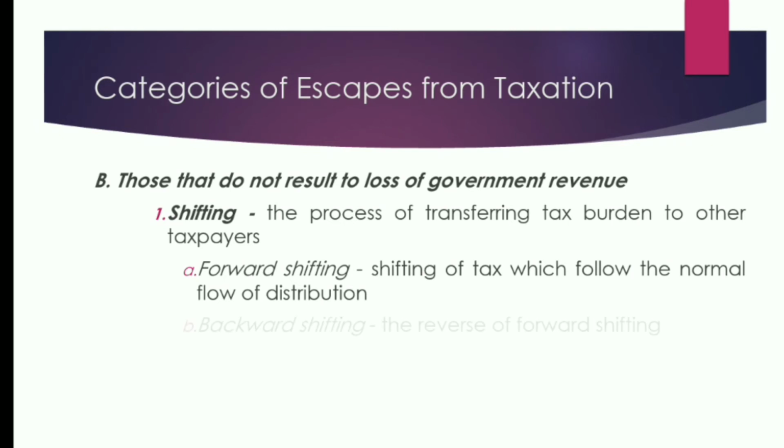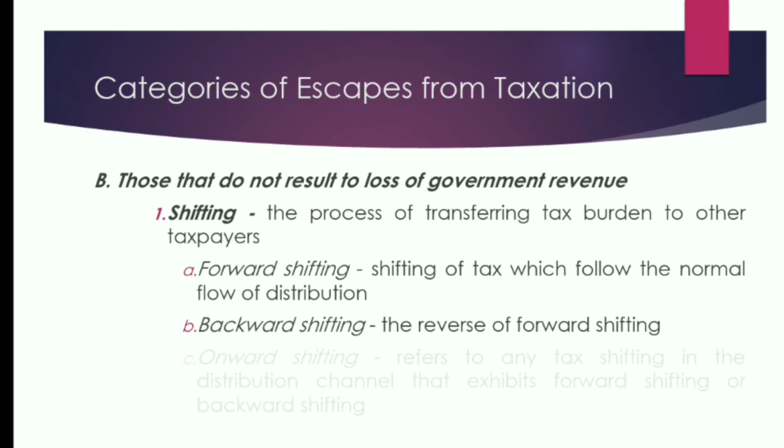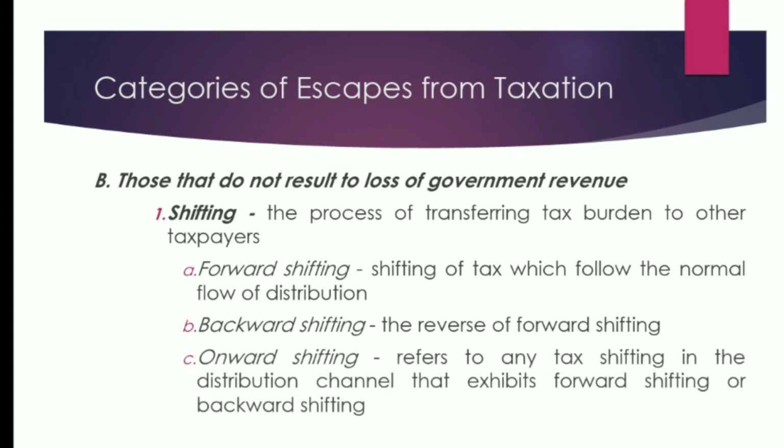Another form of shifting is backward shifting. This is the reverse of forward shifting. It is common to non-essential commodities where buyers have considerable market power, and commodities with numerous substitute products. The third one is onward shifting. This refers to any tax shifting in the distribution channel that exhibits forward shifting or backward shifting.